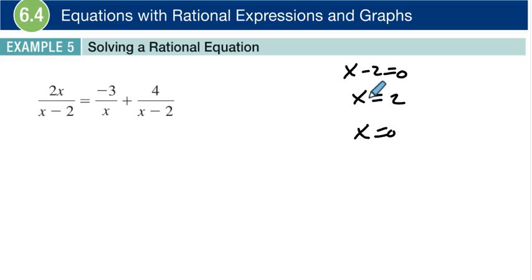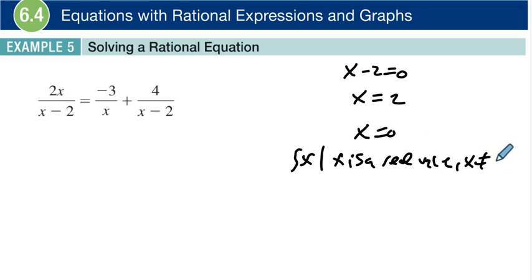And so we have two values, x equals 2 and x equals 0, which means that if x were to be 2, or if x were to be 0, that would make the value undefined, right? And so that's why we always first find our domain, which is all values of x such that x is a real value where x is not equal to 2 or 0.